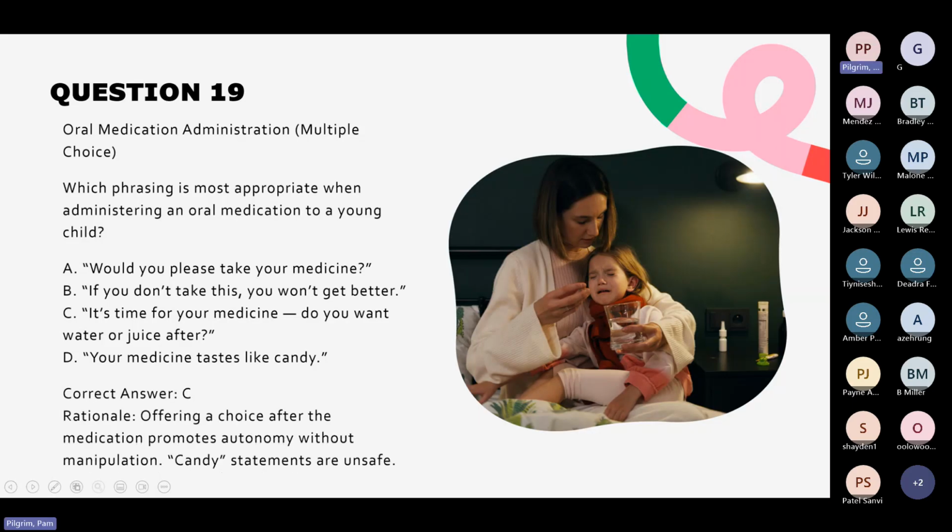The answer is C, offering a choice after the medication promotes autonomy and is without manipulation. You don't ever want to refer to medication as candy. That becomes unsafe.